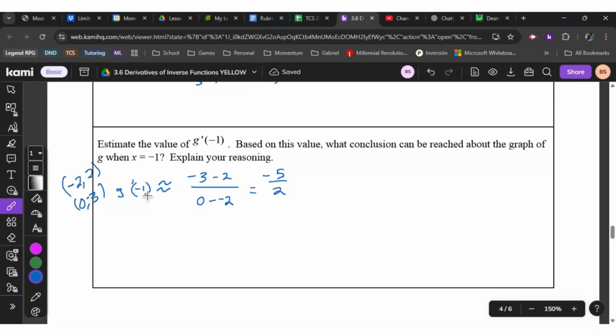What does that mean? G prime of -1 is less than 0. Therefore, g of x is decreasing at x equals -1.